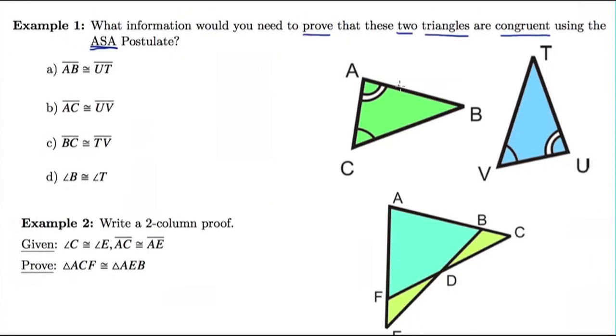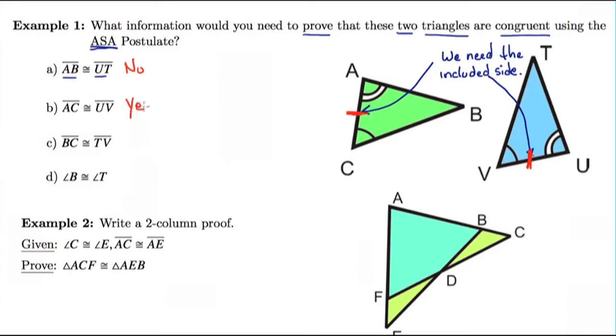Example 1. What information would you need to prove that these two triangles are congruent using the ASA postulate? So we need the included side between these two angles. In part A, segment AB and segment UT are not the included side, so it can't be that one.